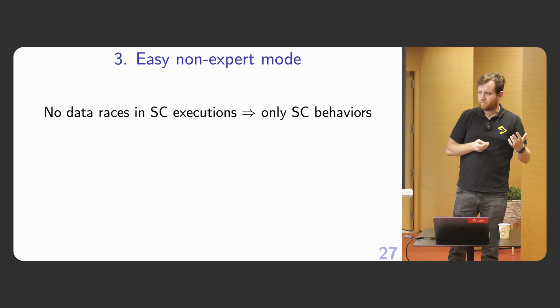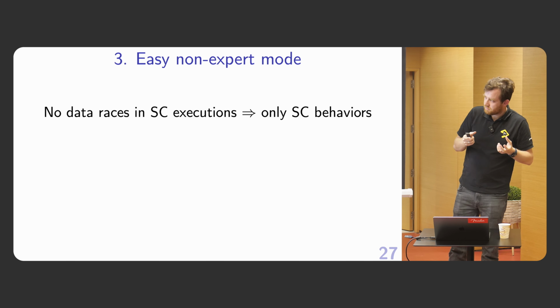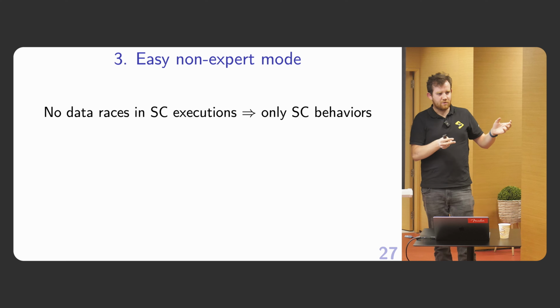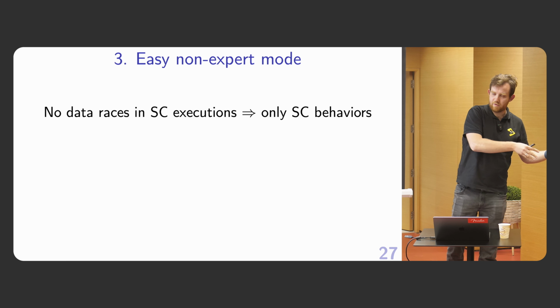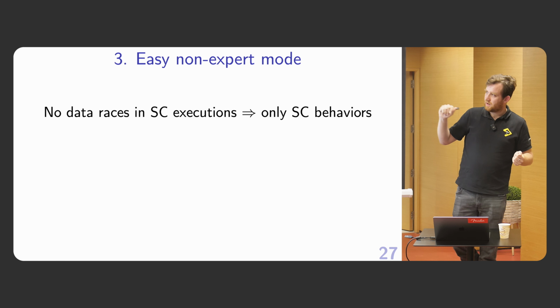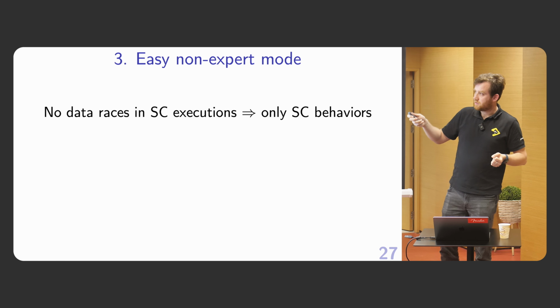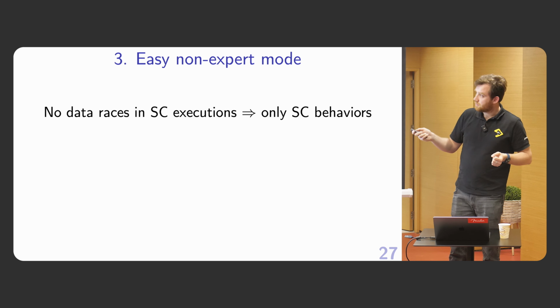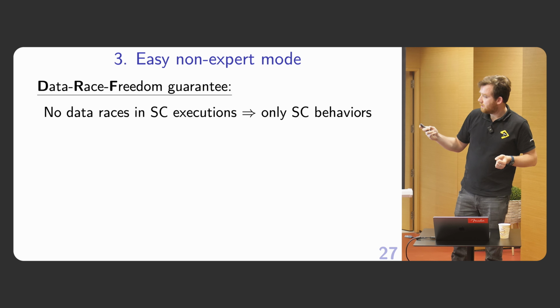So the definition is not that hard to explain. You don't need to understand the Java memory model or the definition of happens-before to understand what a data race is in sequential consistency.